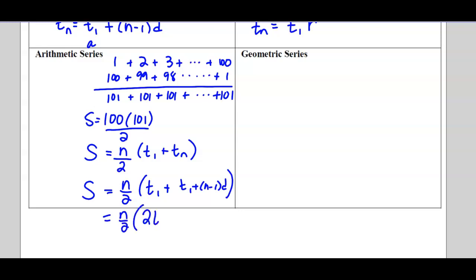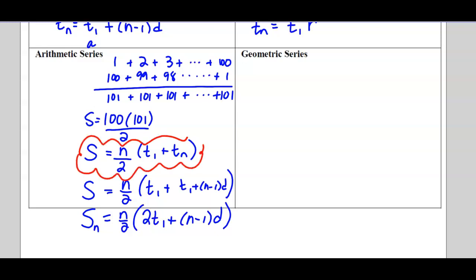So that would be 2T1 plus (n minus 1)d. You don't have to show all that work that I just did, but these are the formulas for arithmetic series.